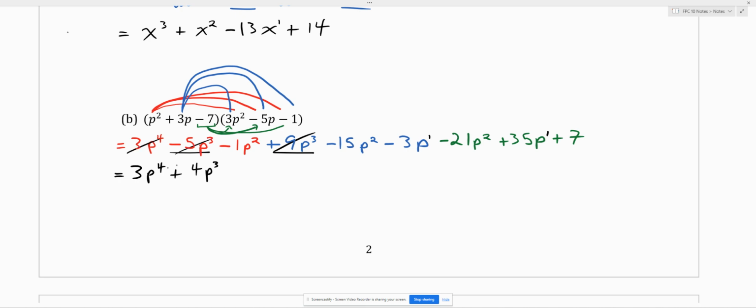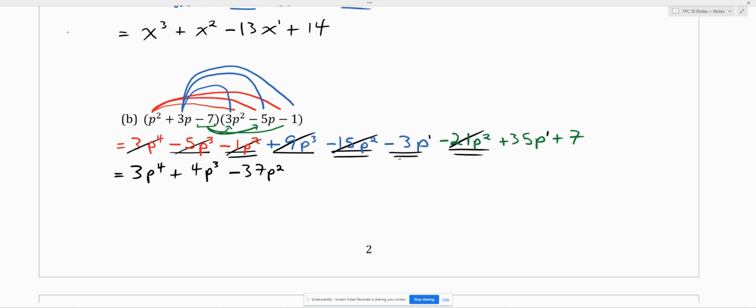Let's cross off the first one as well since we did that. All right, I got another pair of like terms here. I actually have a triple. I have a negative 1p squared, a negative 15p squared, and a negative 21p squared. So I've got to combine all three of those, and that's going to give me negative 37p squared. Cross them all off now that I've accounted for them.